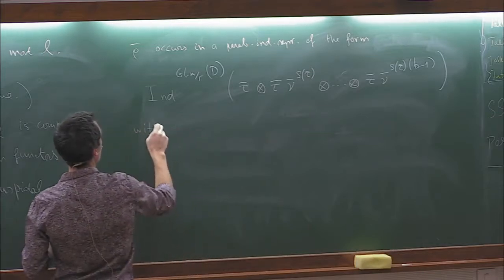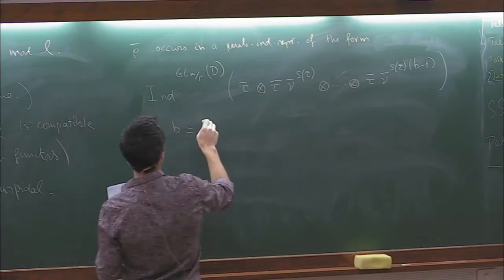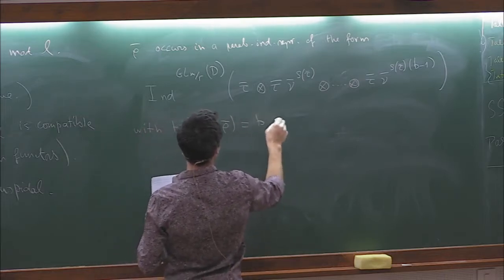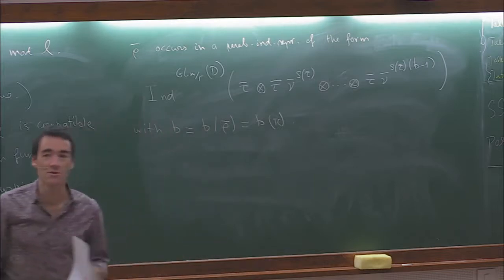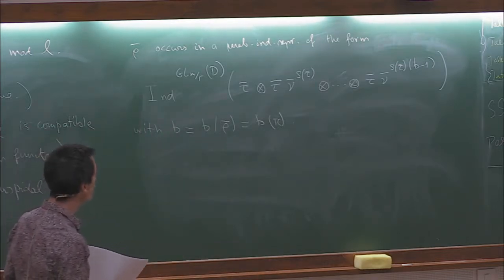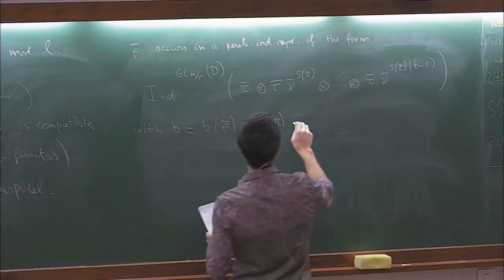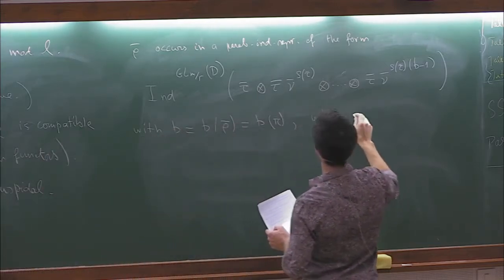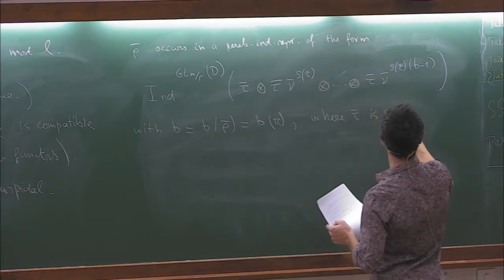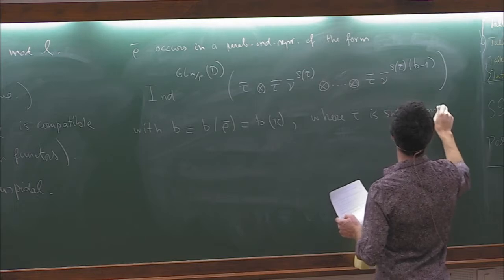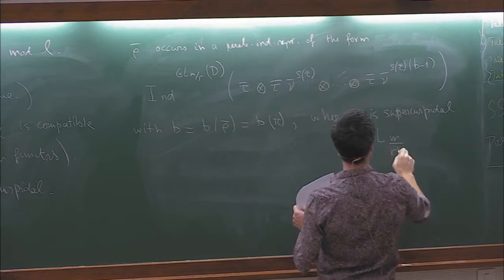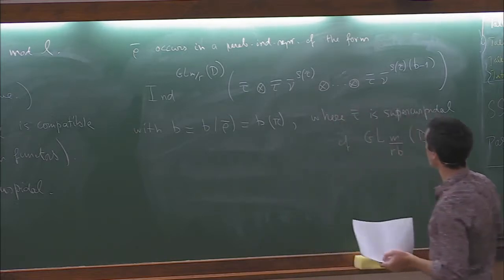This b is associated with rho bar, or I will also denote it b of pi. And I forgot to say that tau bar is supercuspidal. It is a supercuspidal representation of GL_m over R of D.